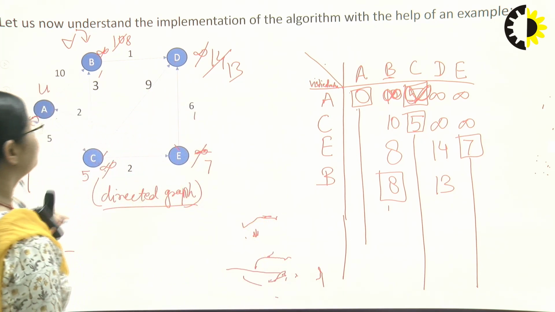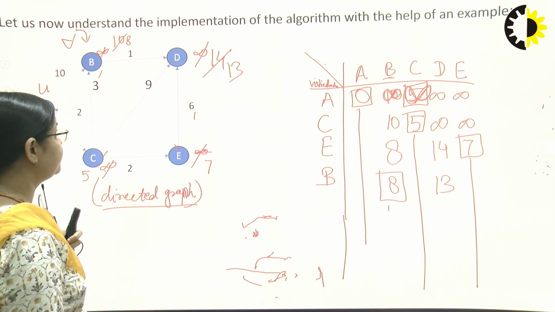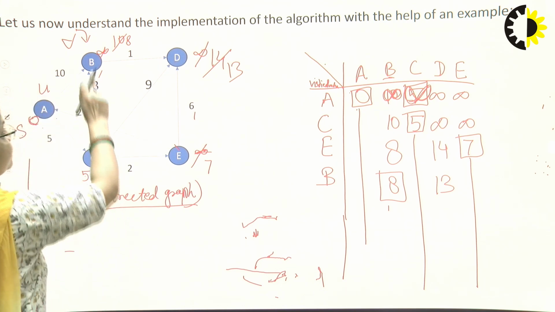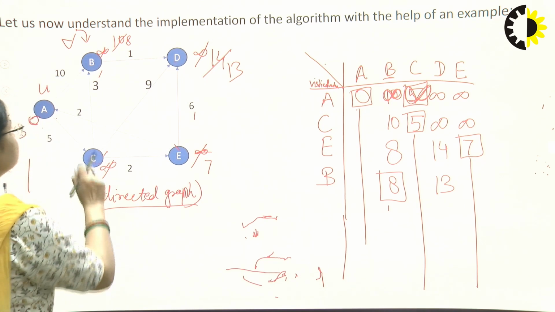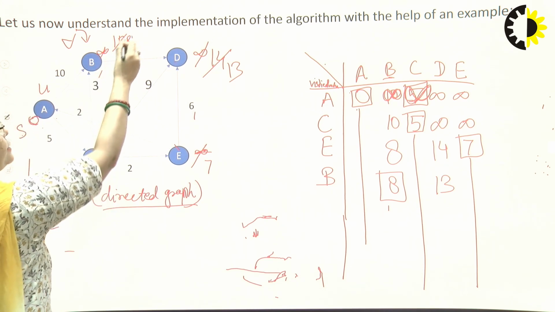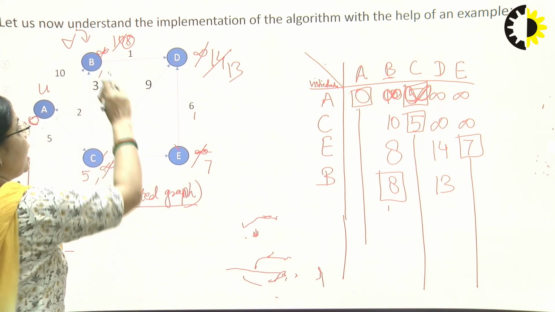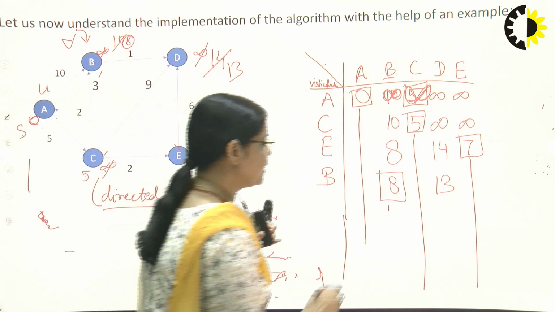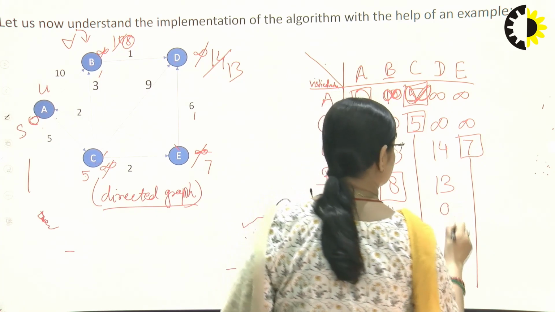So now what we will see, B to D. C to B is already 8, and B to D is 8 plus 1, then the value will be 9.